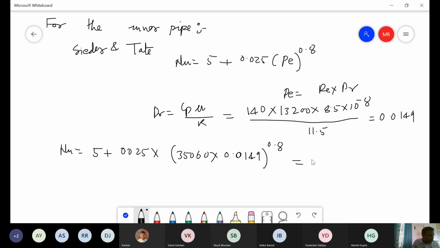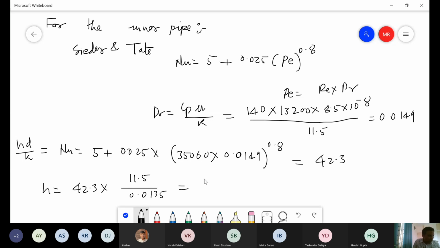So this comes out to be 42.3, and this Nusselt number is given as HD by K. So we can find out H as 42.3 into K, where K in this case is 11.5, divided by D, that is 0.0135.